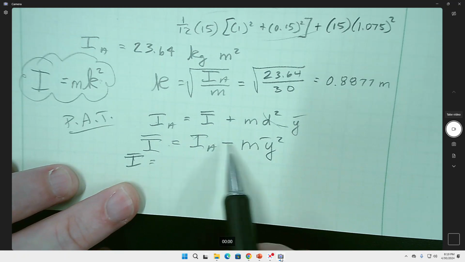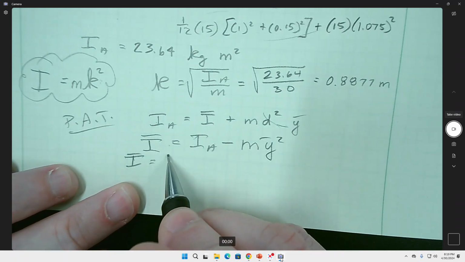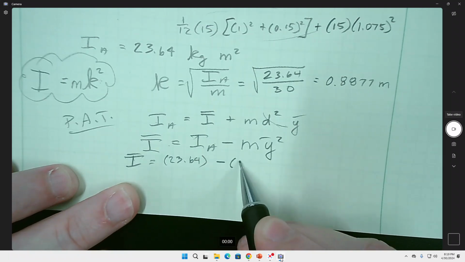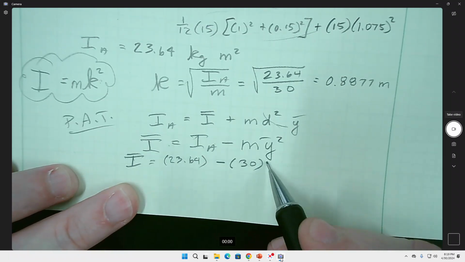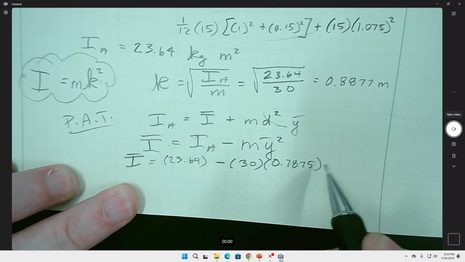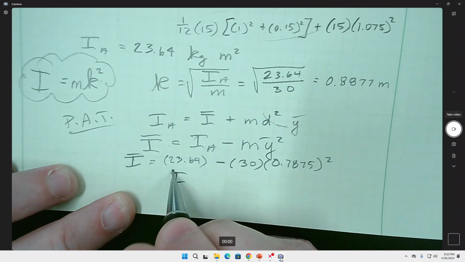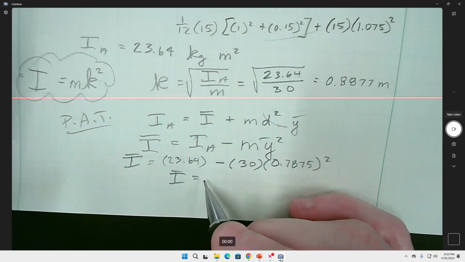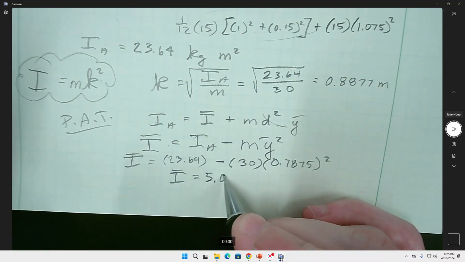So it's going to be a smaller number than doing it about A. So we take the 23.64 minus 30 times 0.7875 squared.